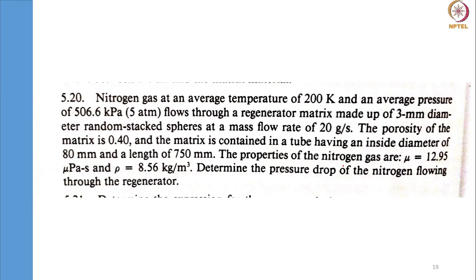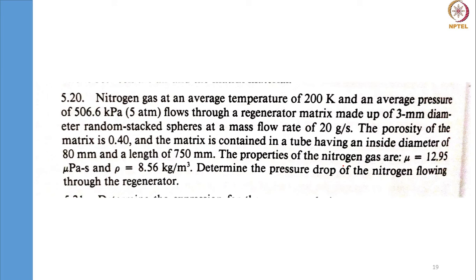This is also one of the exercise problems from the Cryogenic Systems textbook by Barron. We have nitrogen at 200 Kelvin and an average pressure of 5 bar, flowing through a regenerator matrix of 3 mm diameter with a mass flow rate of 20 grams per second.